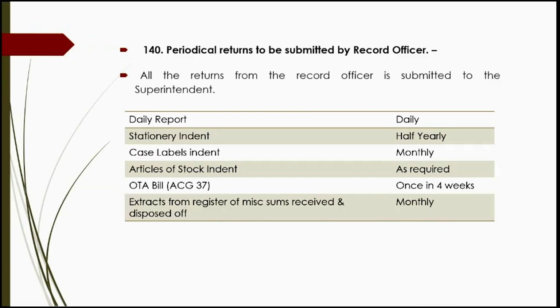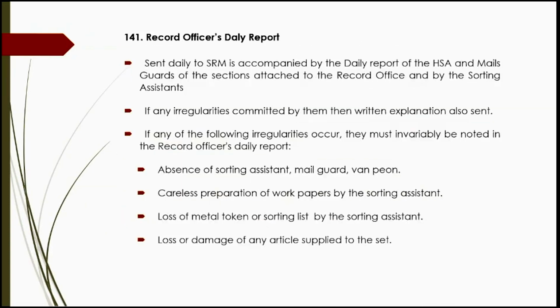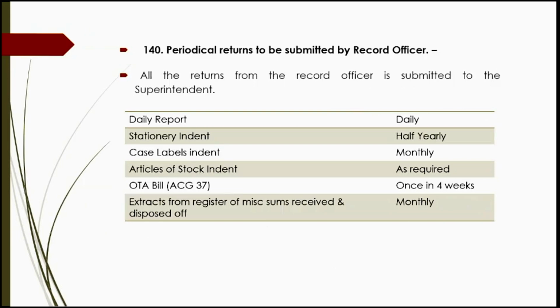Extract from register of mail sums received and disposed of, monthly. When you are studying these records, remember which are all monthly: case label indents, OTA bill, and sums received and dispatched abstract, monthly. Stationery indent is 6 months once, and articles of stock indent, as and when required.